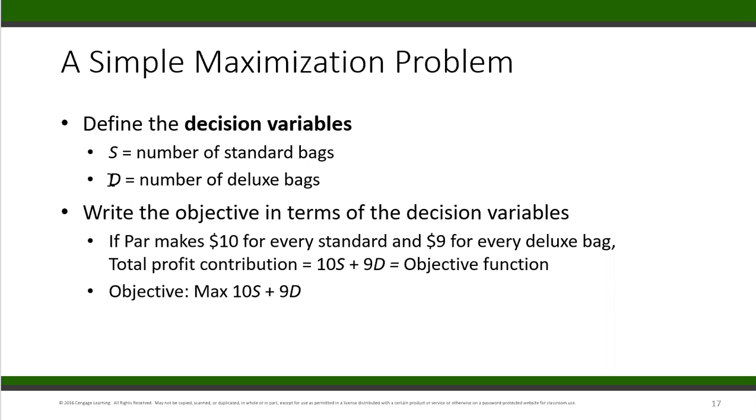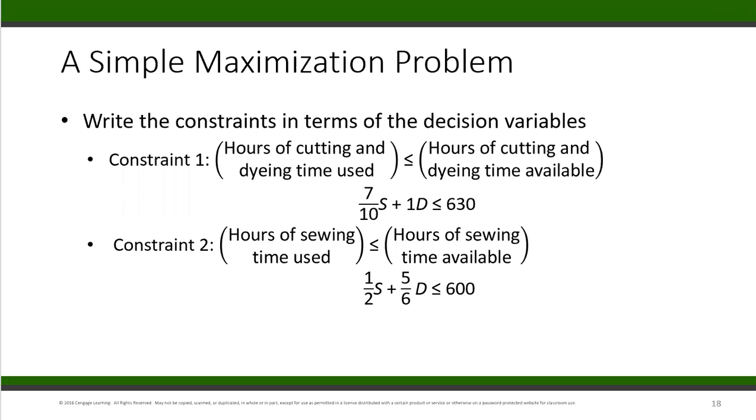Now that we're making D units, 9 times D would be the total profit coming from deluxe bags. And then if we just add them, that would be our total profit contribution coming from the total production plan. 10S plus 9D, that's our objective function, right? And we want to maximize this objective function.